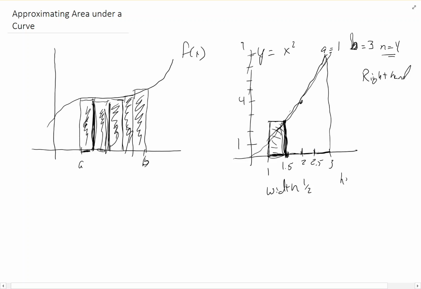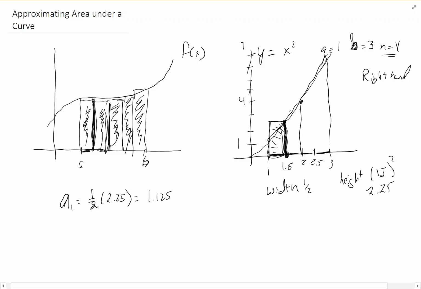The height would be 1.5 squared, which I believe is 2.25. And so the area of this first rectangle, A1, would be 1/2 times 2.25, or 1.125.